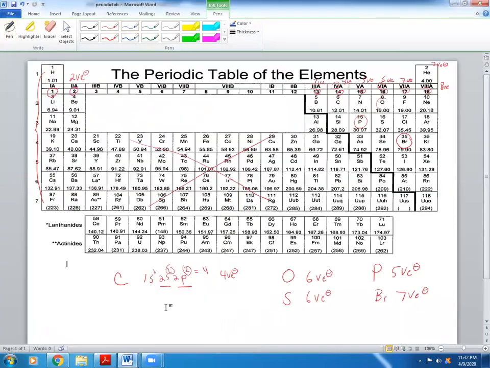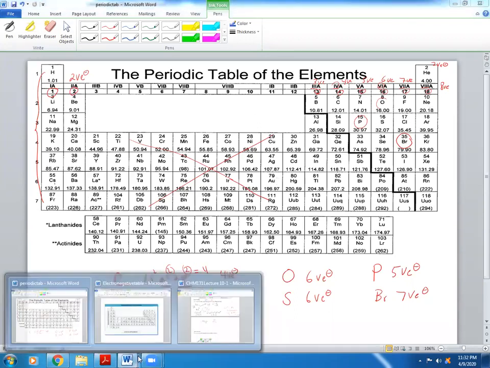What needs to happen? Well, fluorine wants to have 8. So it needs to gain an electron to look like neon right here. Now, magnesium is eager, willing to give up an electron because it needs to also look like neon.